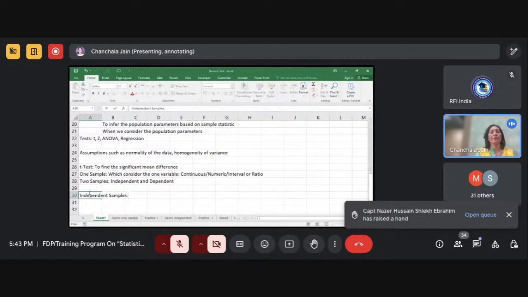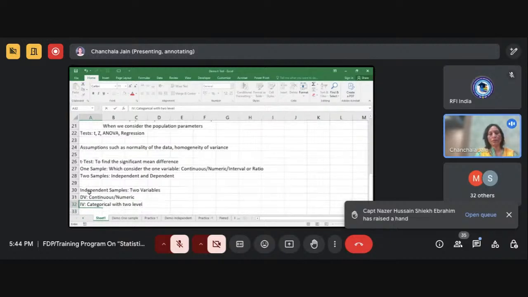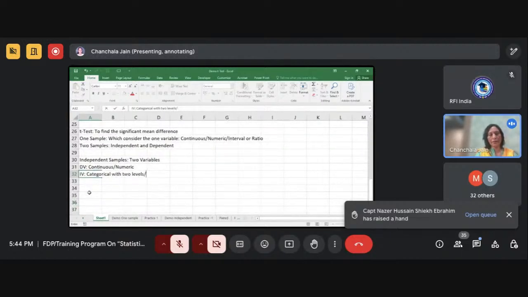Then talking about the two samples t-test, if I talk about independent samples, in case of the independent samples t-test, we need to have two variables. In these two variables, one variable will be the dependent variable, which will be continuous or numeric, and the independent variable should be categorical with two levels or categories or groups or samples, right?